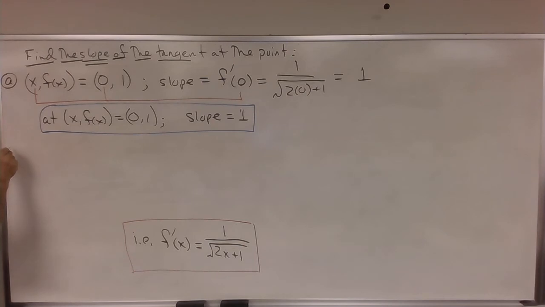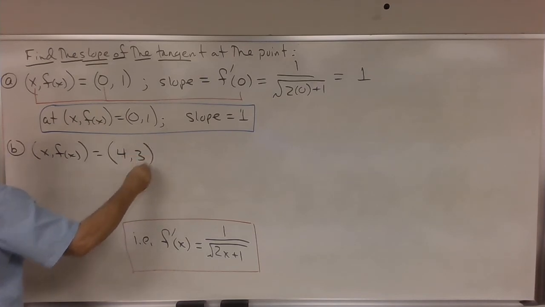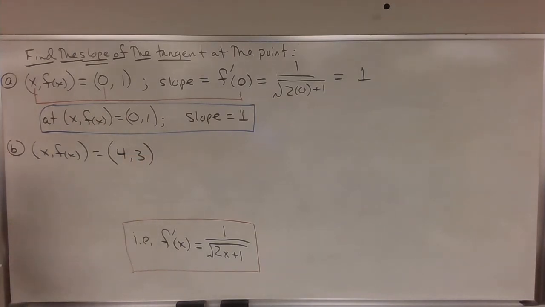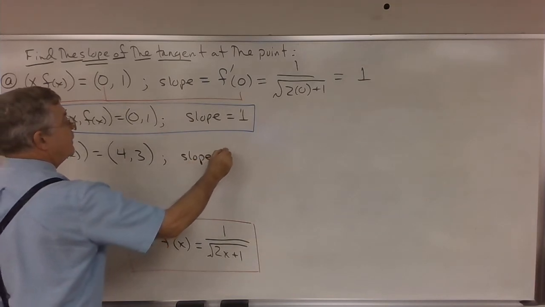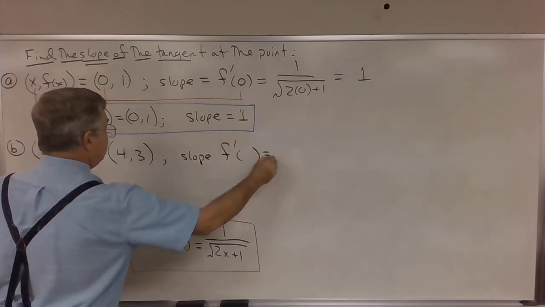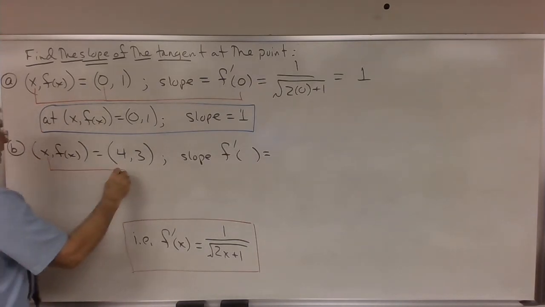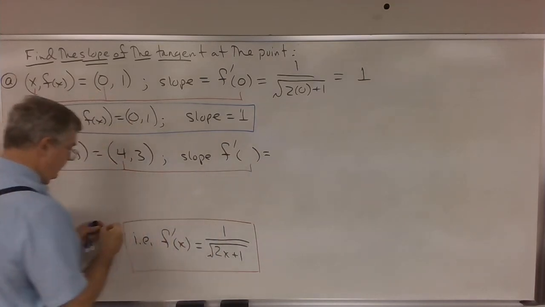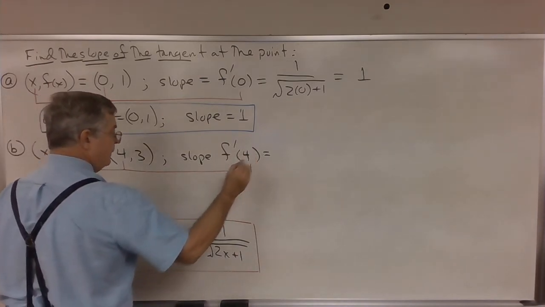Now, part B, we were supposed to find the slope of the tangent at the point x, f of x is equal to, what, 4, 3? I think that's what it was. Yep. And so the slope is going to equal f prime evaluated at the x coordinate. So f prime evaluated at 4.